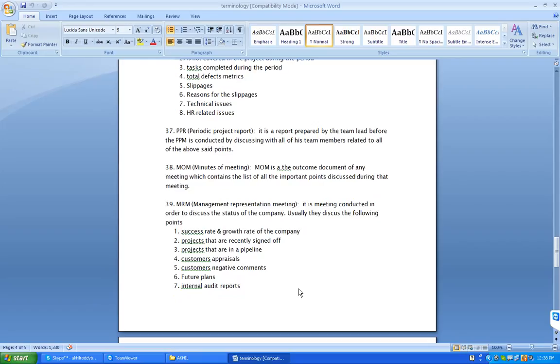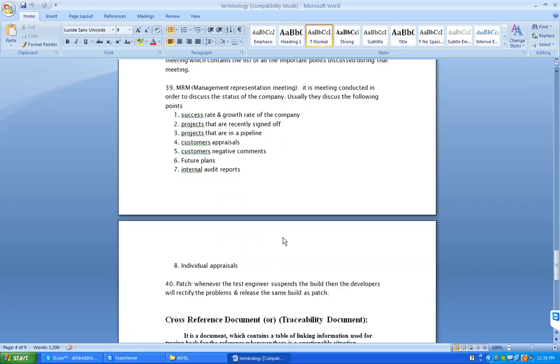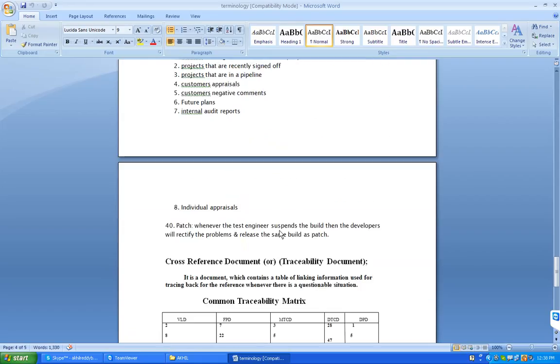In this meeting, high-level management people participate. They check the success rate, growth rate of the company, projects recently signed off, recently completed, and newly started, projects in the pipeline, current projects, customer appraisals, customer negative comments, future plans, and internal audit reports. That is management representative meeting.